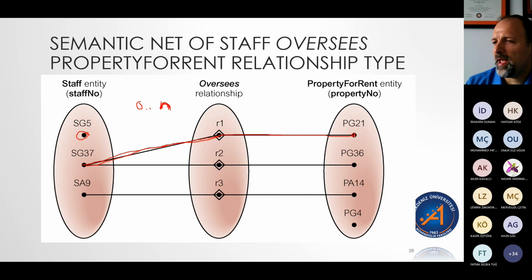What about this side? How many staff people can oversee a single property?